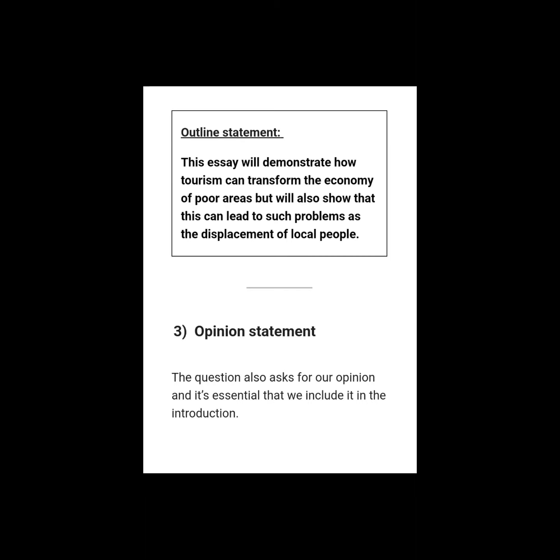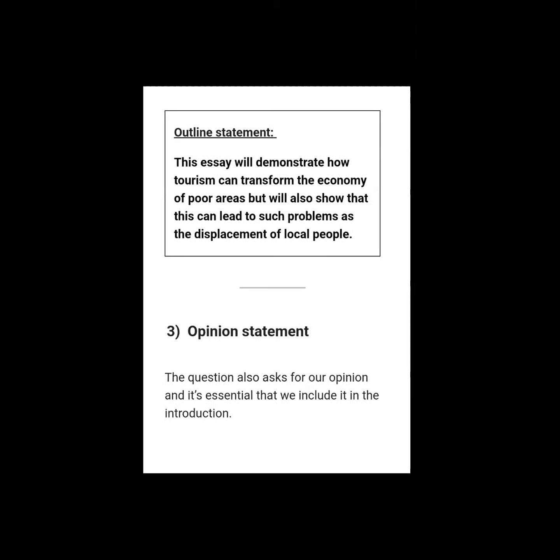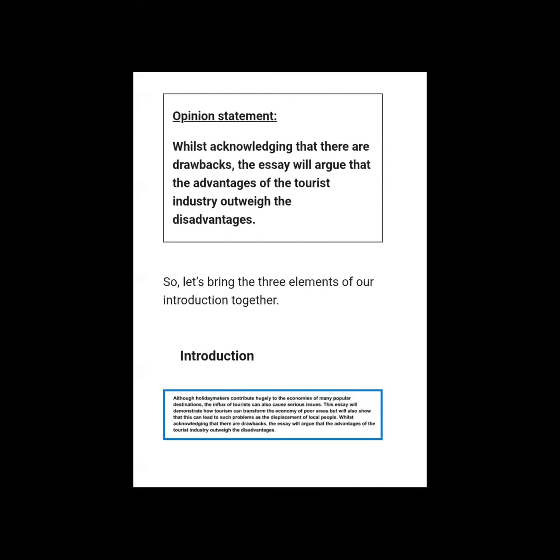Then opinion statements. Remember, that is if the question asks for your opinion. This particular question we are solving asks for opinion. So what is our opinion? Whilst is a very good word, but it's not to be used all the time. Please learn to use this most times.